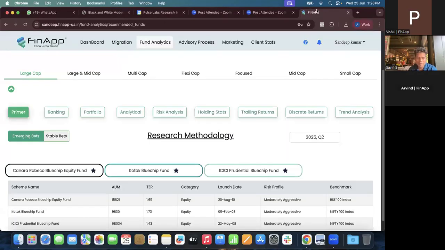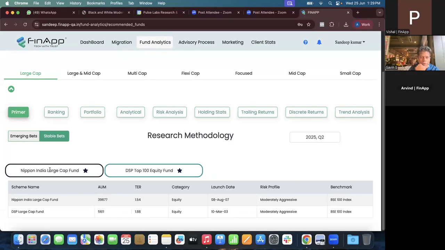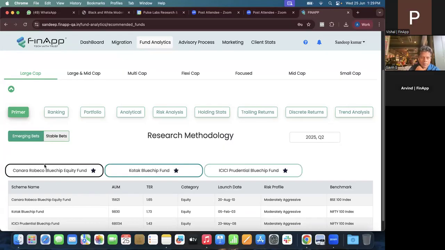Yes. Any fund which is coming continuously for 2 quarters in the top ranking, they come as stable bets. So in large cap, we have 2 stable bets and 3 emerging bets.